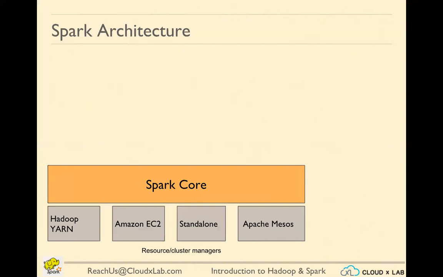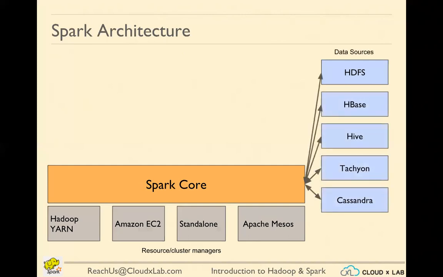Spark core provides operations on this huge list. You can define this list from all kinds of sources: HDFS, HBase, Hive, Tachyon, Cassandra. So this list is kind of a window to the data. Spark core provides something called RDD, resilient distributed data set.